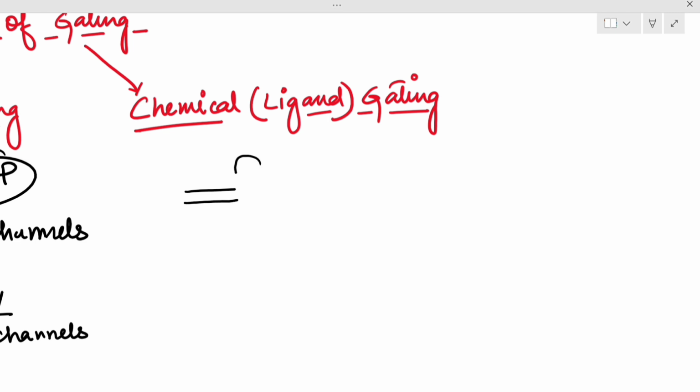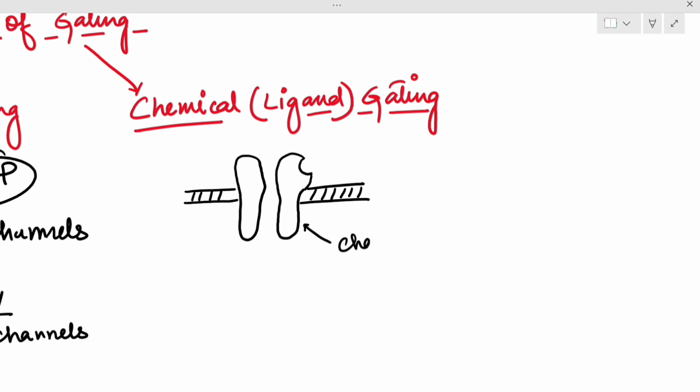Suppose this is the membrane and this is the channel. Okay, this is the channel, and this part is the ligand acceptor site.